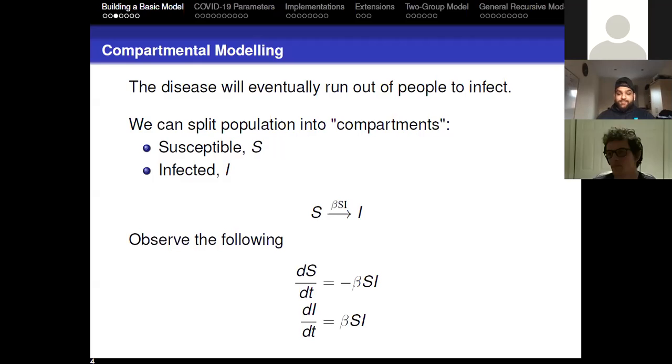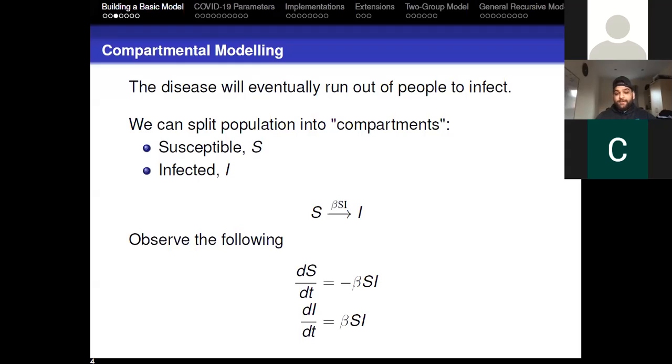This beta SI term gives rise to these two differential equations over here: the dS/dt term, which is the rate at which people are moving from the susceptible category, and the dI/dt term, which is the rate at which people are moving into the infected category.